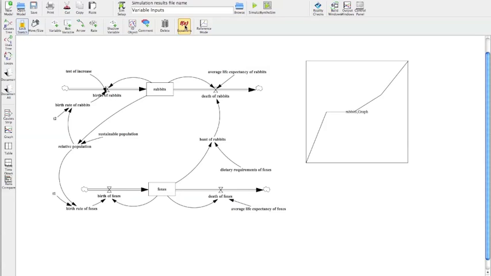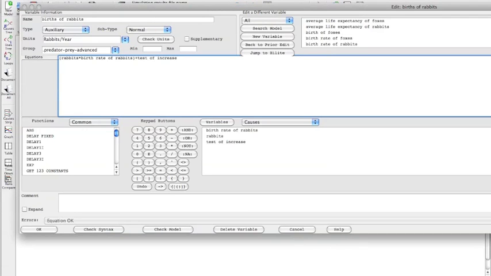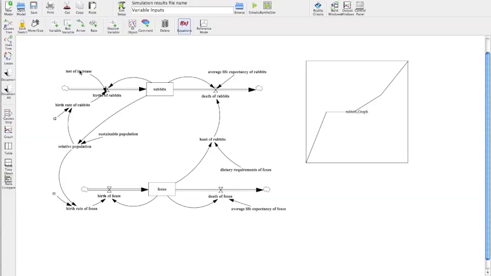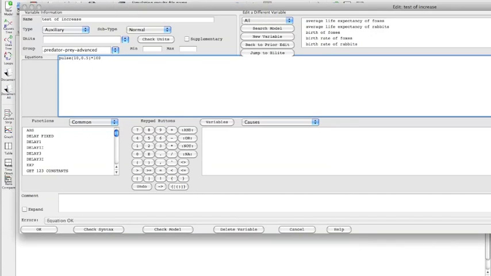If you go to the equation for the birth of rabbits, you will see that the birth of rabbits is equal to the population of rabbits times the birth rate, plus something that here is the test of increase. Test of increase is another variable, and I'm going to get out of this just to show you what that one is. This is a new way to introduce a disturbance that's called a pulse.